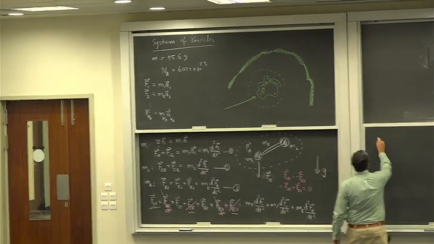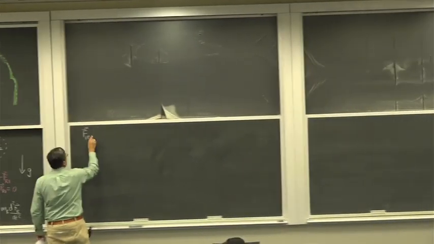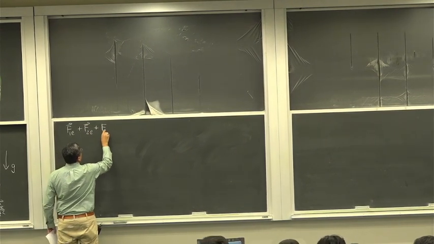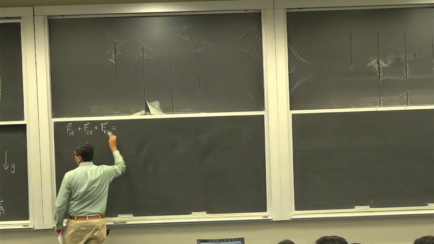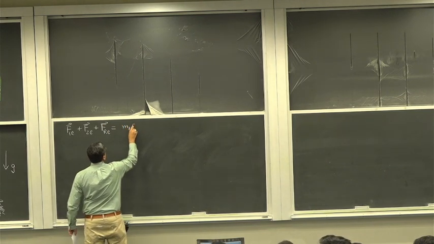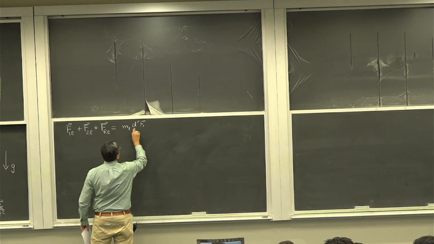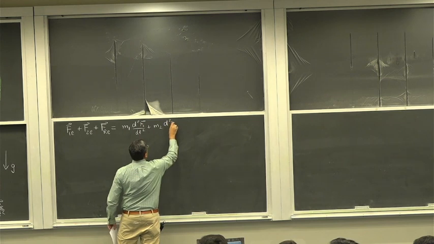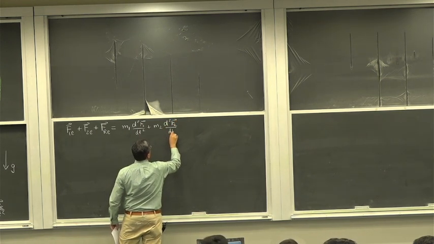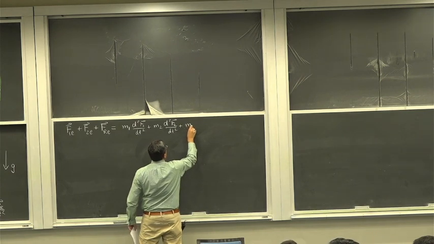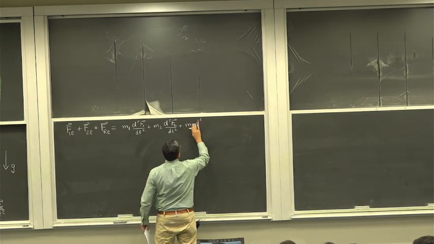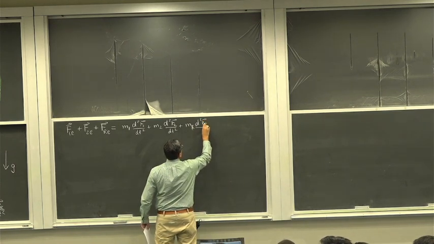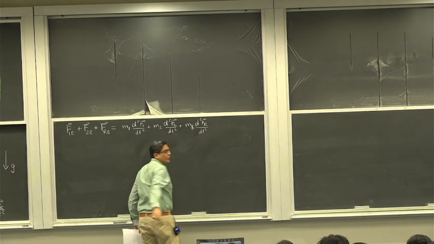The equation becomes F1E plus F2E plus FRE is equal to M1 d squared R1 over dt squared plus M2 d squared R2 over dt squared plus MR d squared R over dt squared.